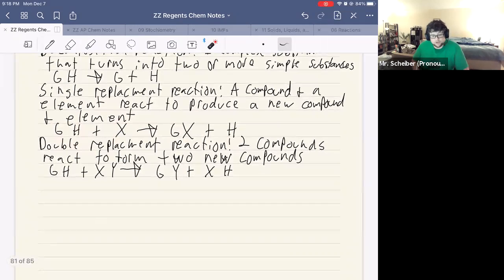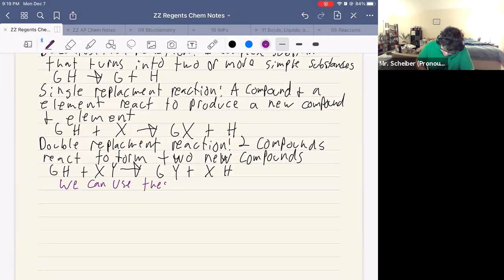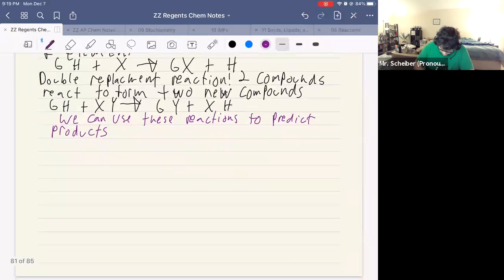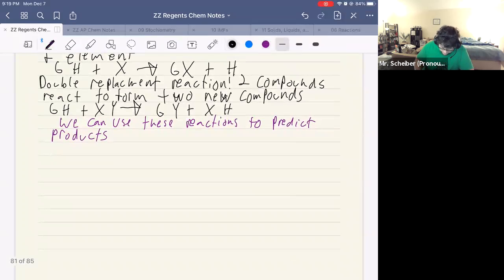And like I said, the cool thing is that we can use these reactions to predict products. And let's take a look at some. So first one, we're going to do a single replacement.